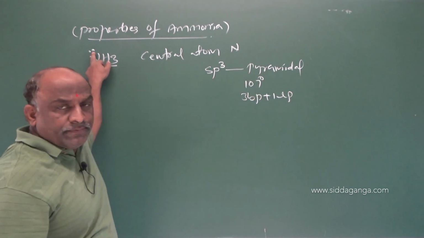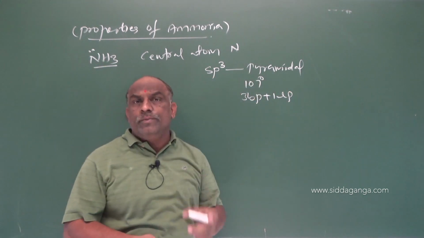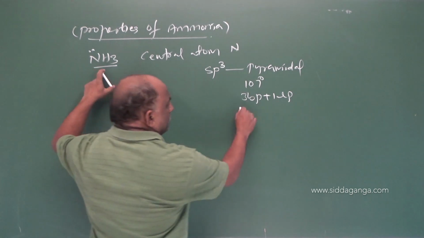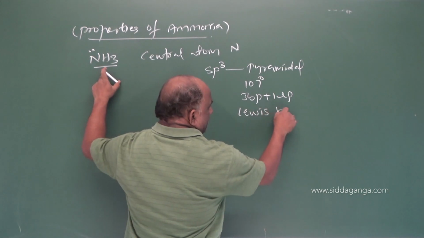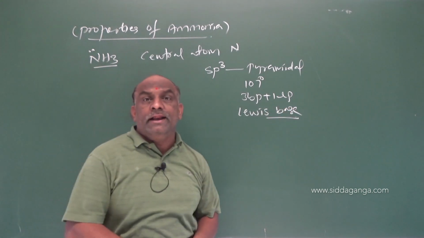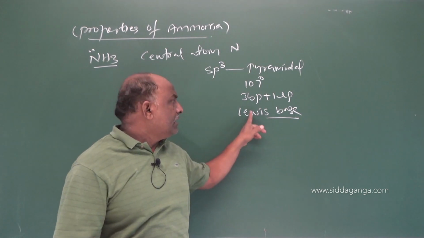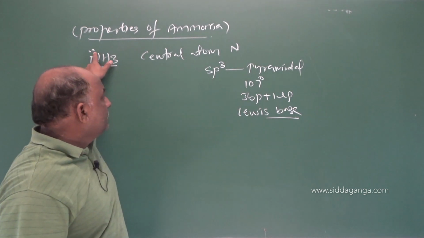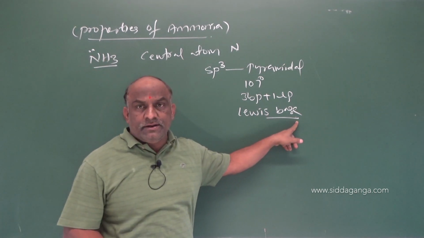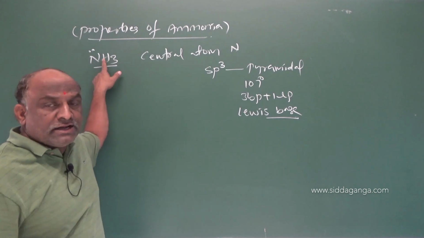The nitrogen atom has 1 lone pair of electrons, so this compound acts as a Lewis base. This is an important point. Nitrogen can donate an electron pair, so it acts as a Lewis base. This is an example of an electron rich species.